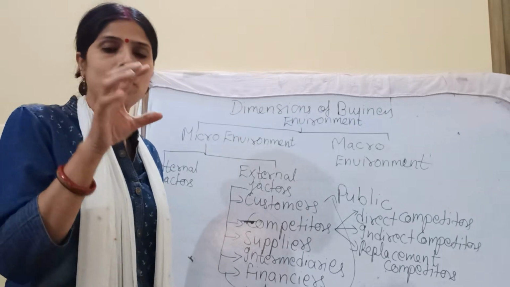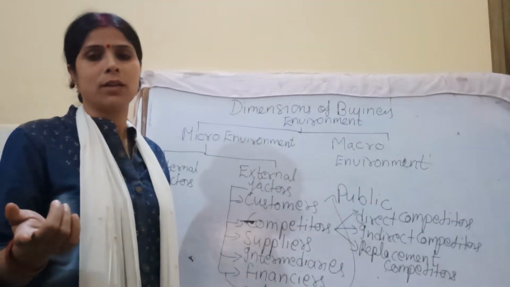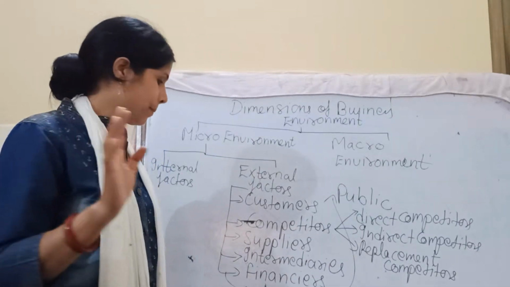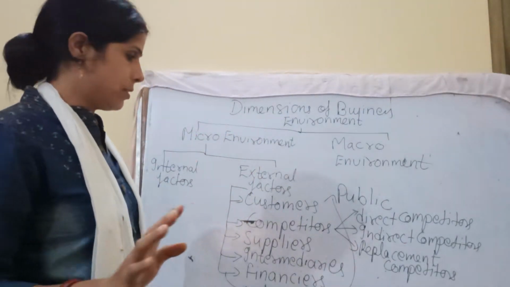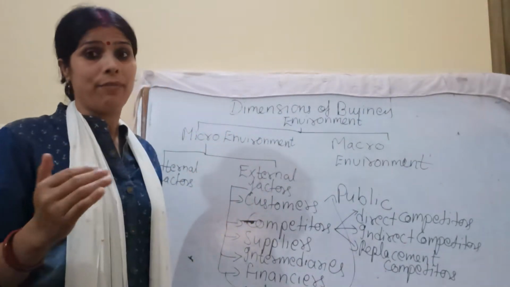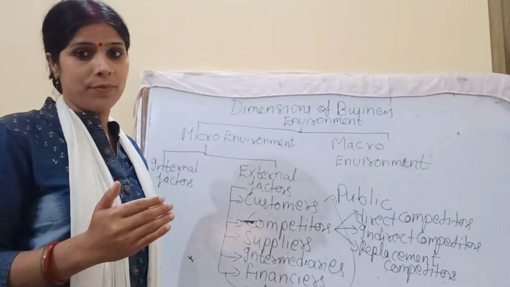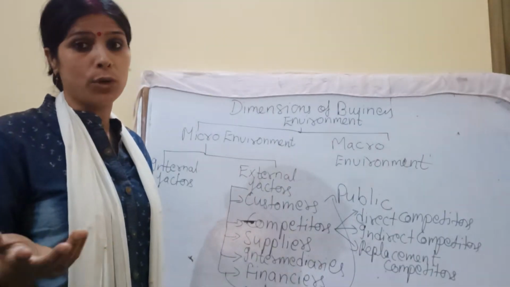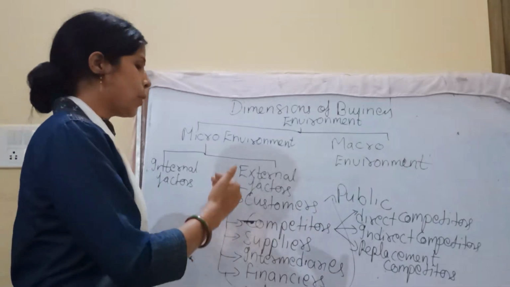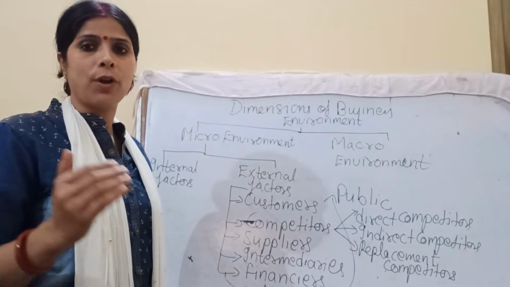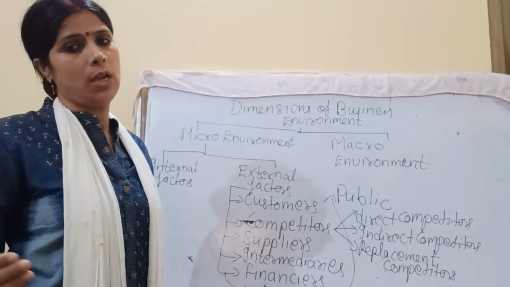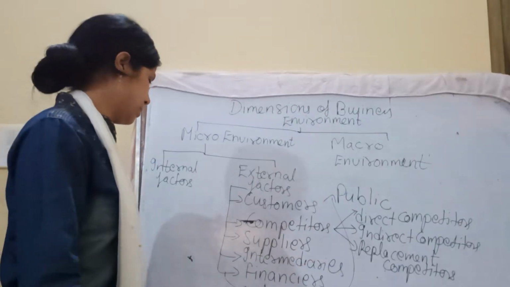If they want to be in the market, they have to satisfy the customers. That is the main thing. These intermediaries are helping the business concerns, and definitely they can affect them. If they do not provide their services on time, that is going to hamper production, and the producer will not be able to supply the products to the customers in time.